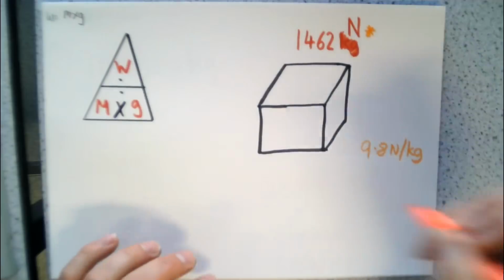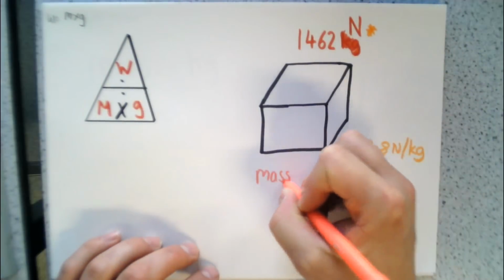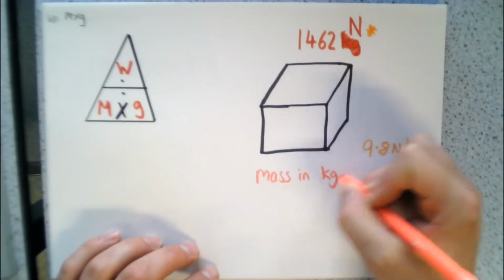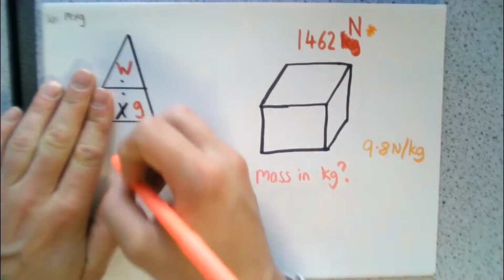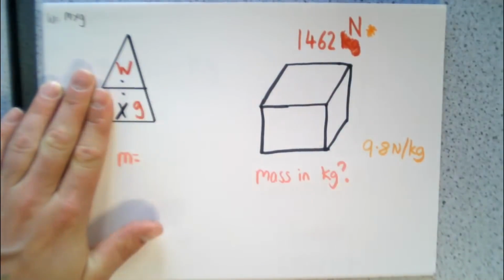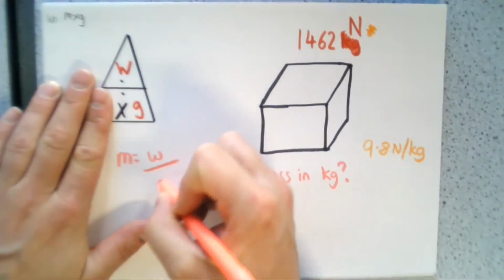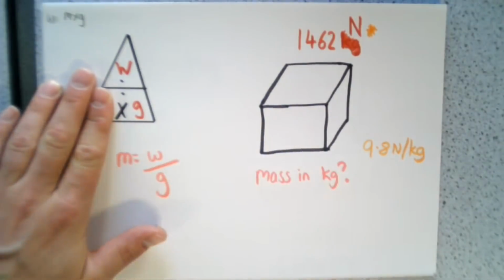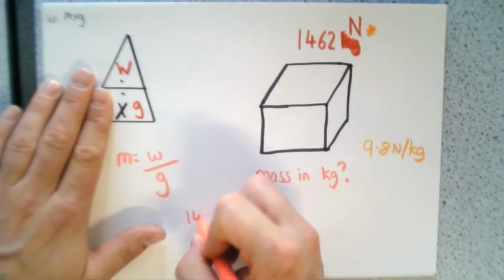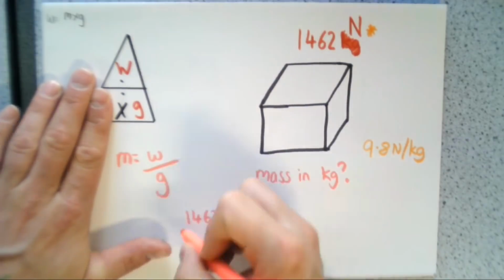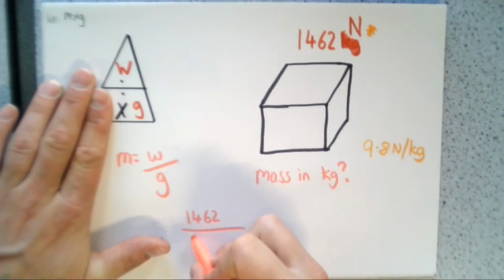The question could say, what is the mass in kilograms? All right, so I'm going to go to my triangle, cover up M, and the mass is equal to the weight divided by the gravitational field strength. The weight is 1,462 newtons. The gravitational field strength is 9.8.